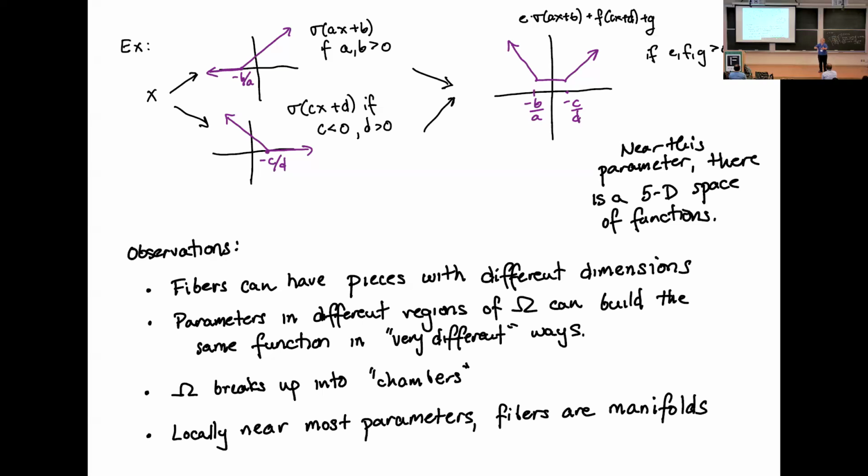If we restrict our attention to where the pattern of activations is fixed, it's essentially a deep linear network. Within a chamber, away from where the chambers meet, fibers are manifolds for ReLU neural networks. This comes from Sard's theorem or the implicit function theorem.